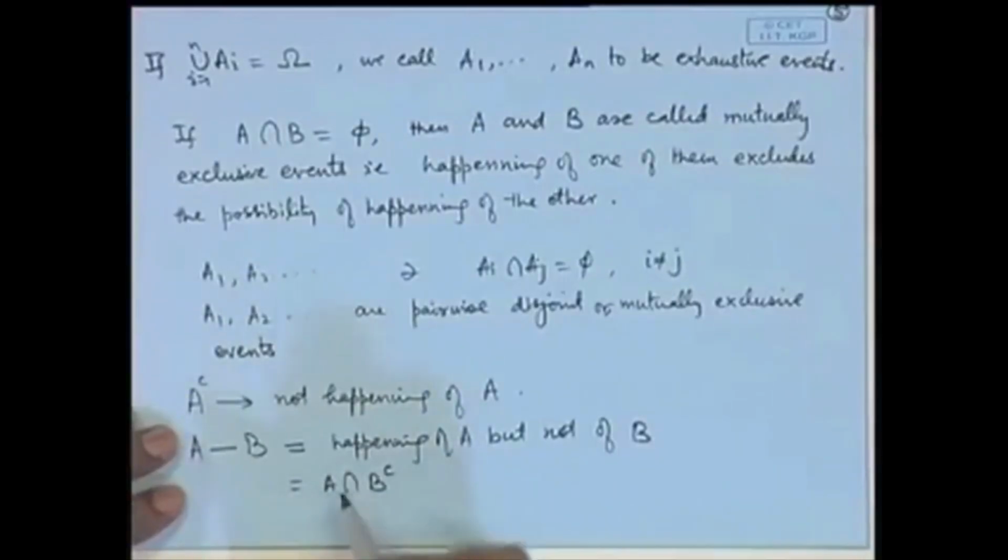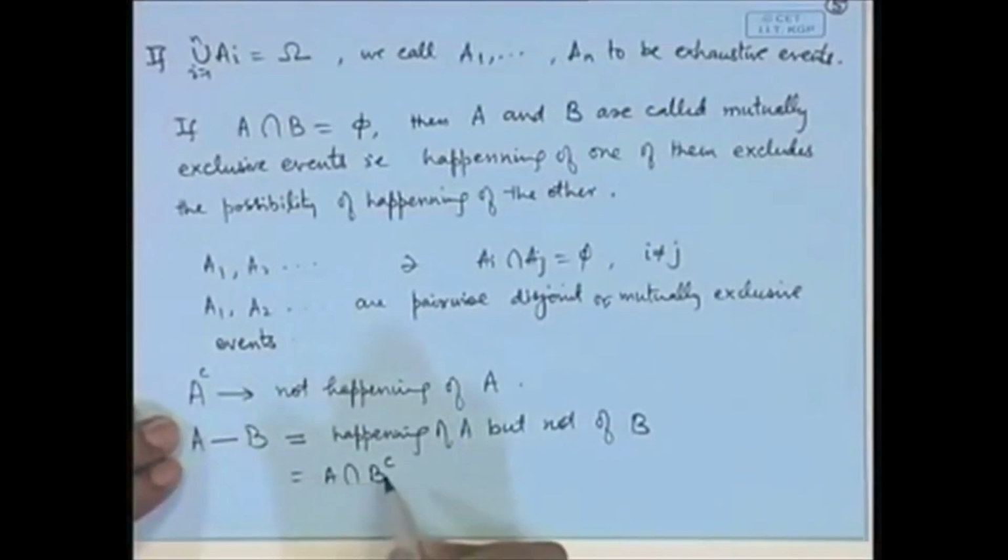That means simultaneous occurrence of event A and B complement, which means that A occurs and B does not occur. So it is a simultaneous occurrence of A and B complement, and it is translated to occurrence of A but no occurrence of B.